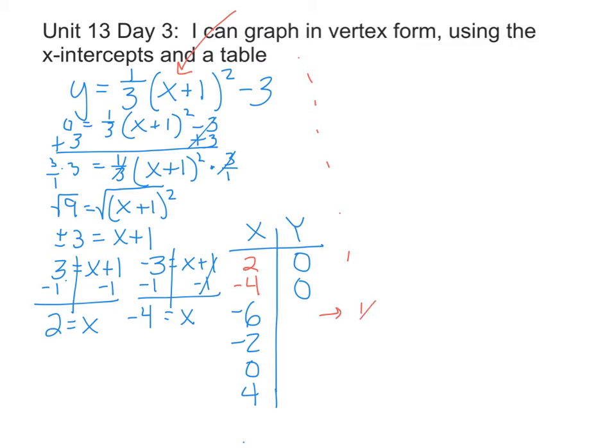You can do 1 divided by 3 times, in parentheses, -6 plus 1 squared minus 3. Okay, so you keep doing that. The next one would be 1/3 times -2 plus 1 squared minus 3. Okay, and keep going, fill in your table. Okay, and these should be the values that you get.